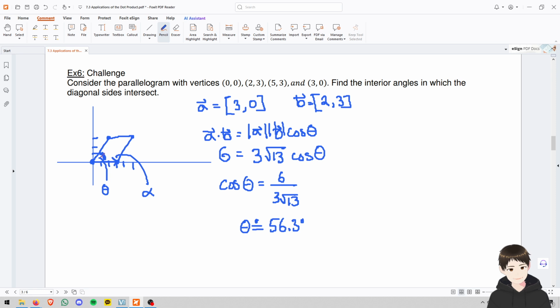Well, if I have theta here, and this line and that line are parallel, the exterior angle here, or the supplementary angle here, is 56.3. I can find alpha by subtracting theta from 180, and that is 123.7 degrees. That's it.